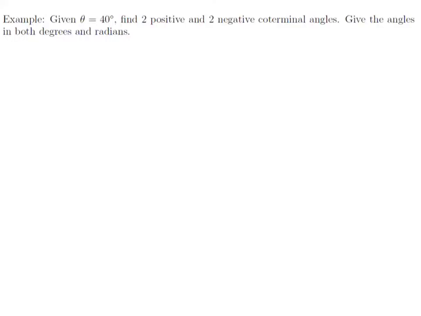So let's look at a couple examples here. Given that theta is equal to 40 degrees, find 2 positive and 2 negative coterminal angles. Give the angles in both degrees and radians. So since theta is equal to 40 degrees, to find the positive coterminal angles, we're just going to add 360 degrees. To find the negative coterminal angles, we're going to subtract 360 degrees.